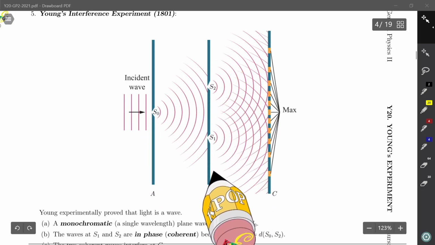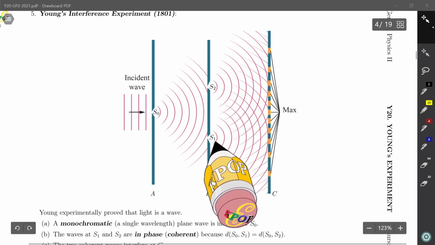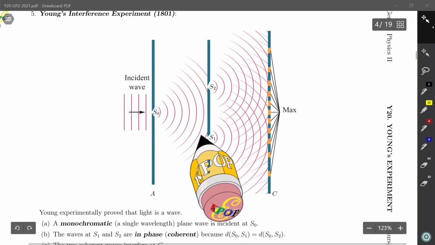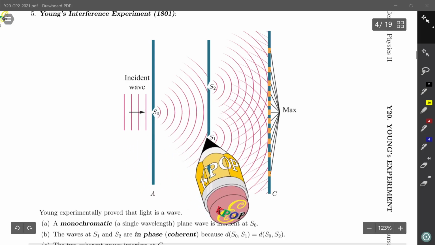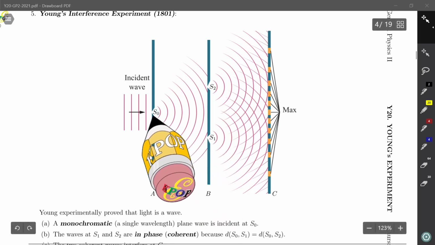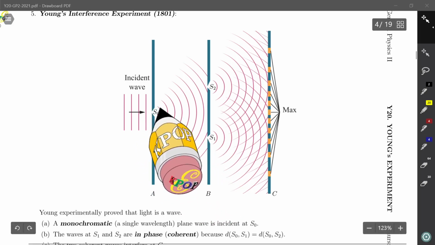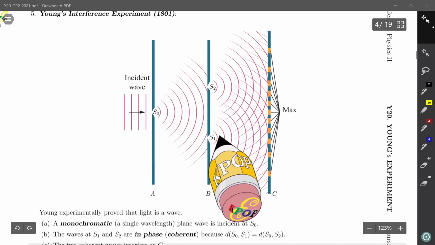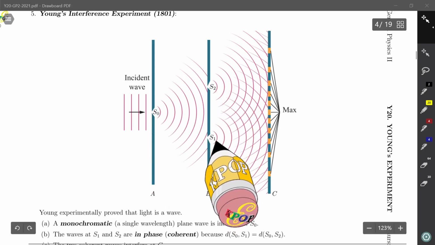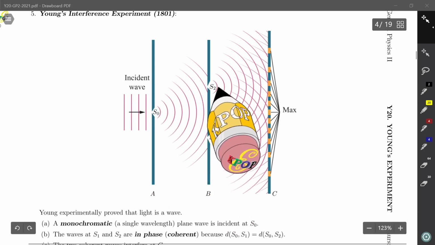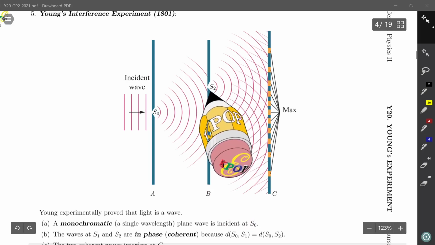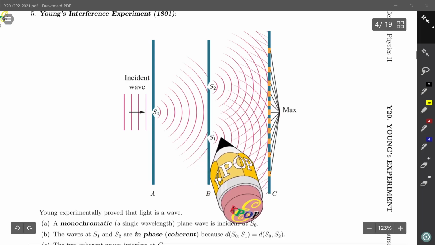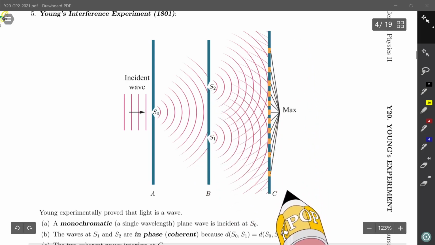There's an additional screen on which two tiny holes are placed, and the distances from the single hole to these two points are the same. In that case, the radial waves diffracted from a single hole are of equal phase when they arrive at S1 and S2. Now we have prepared two coherent waves and let them propagate to the screen.